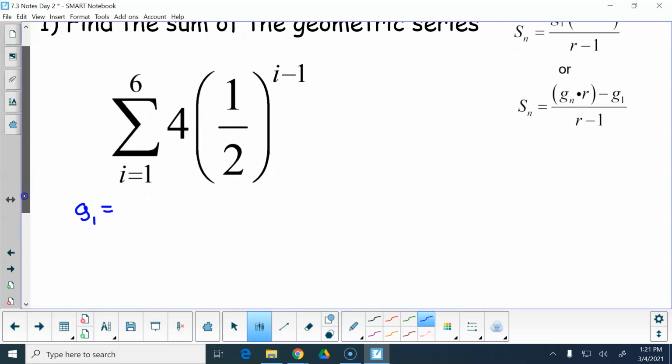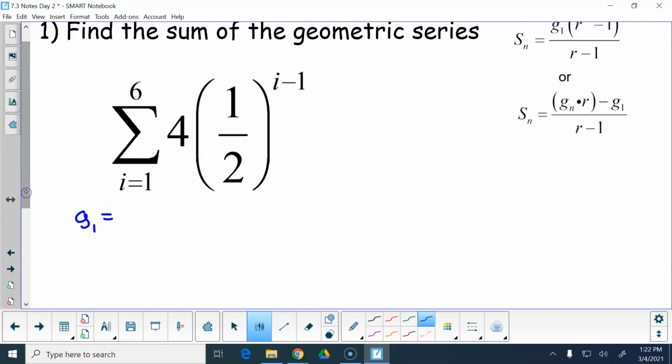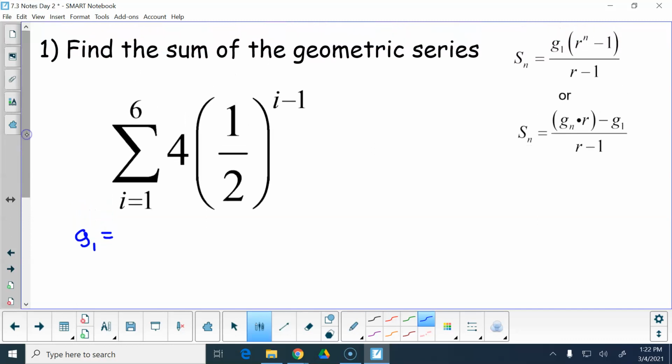So I'm going to plug in the bottom number here into my rule. 4 times 1/2 to the 1 minus 1 power. 1 minus 1 is 0. 1/2 to the 0 power is 1. 1 times 4 is 4. So my first term is 4.